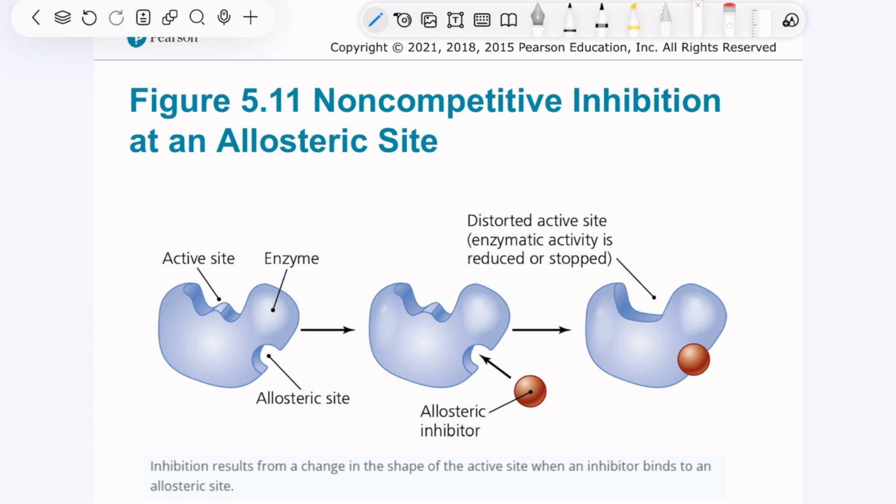This shape change distorts the active site, either reducing or completely stopping the enzyme's ability to catalyze the reaction, even if a substrate is present and can still bind. Unlike competitive inhibitors, non-competitive inhibitors do not compete with the substrate for the active site. Instead, they change the shape of the enzyme so that it can no longer function properly regardless of substrate concentration.